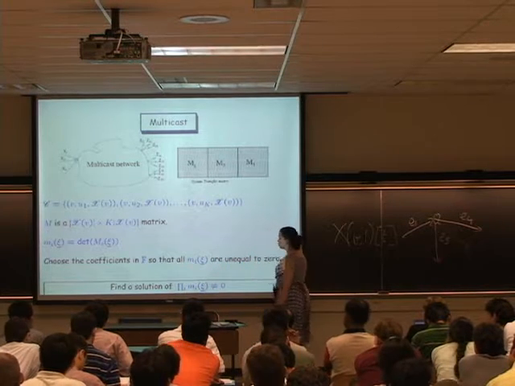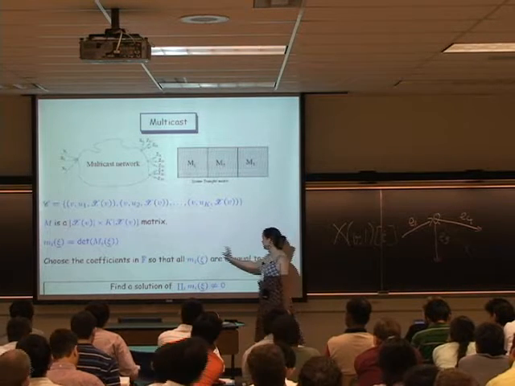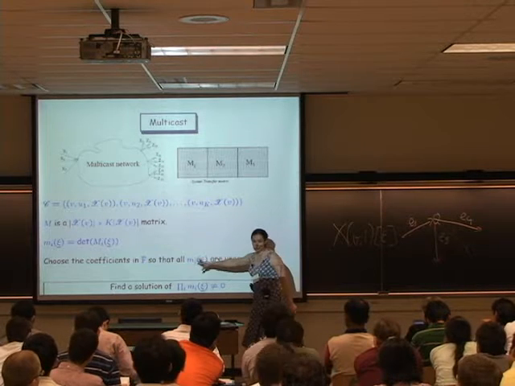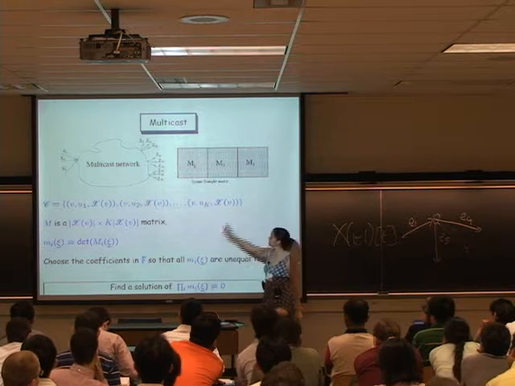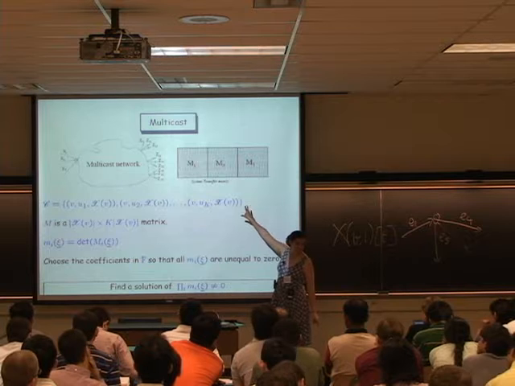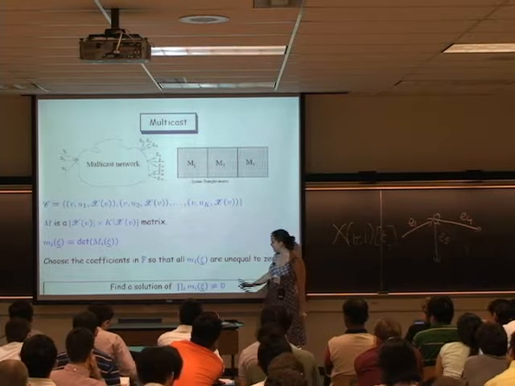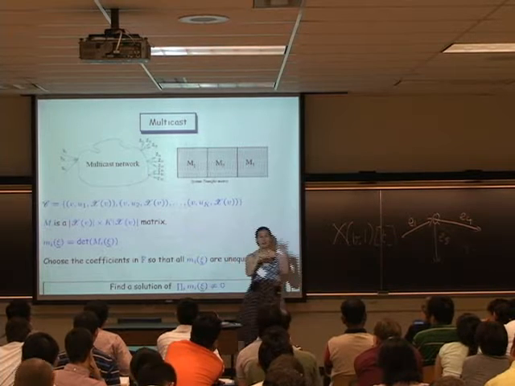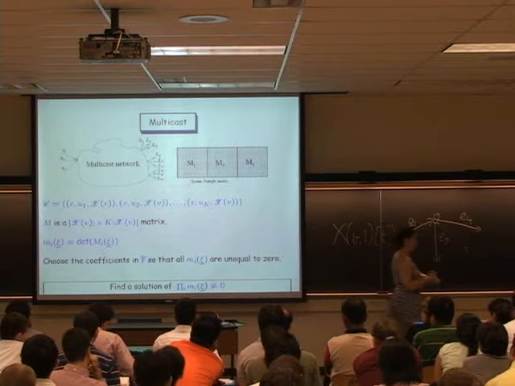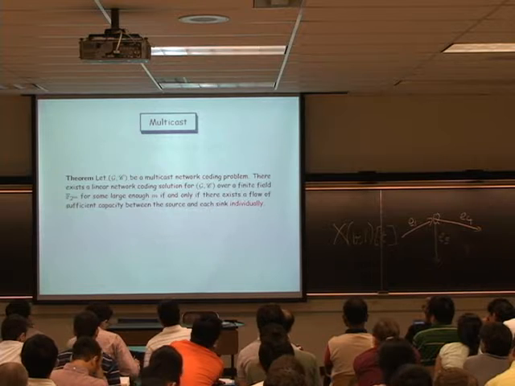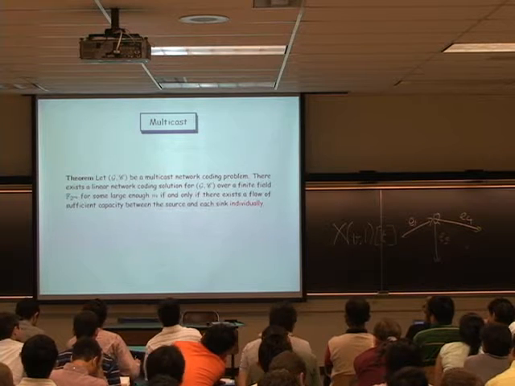So I need to choose the coefficients so that all of these determinants of these sub-matrices are different from 0. Or the same thing to say is I need to choose the xi such that the product of these determinants is different from 0. Okay? Let's look at the time. Okay.